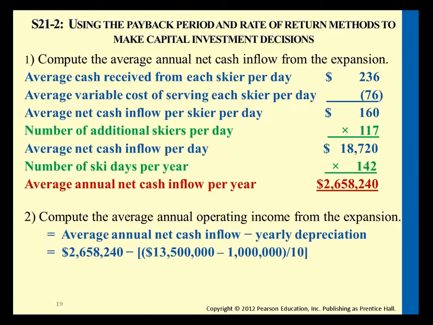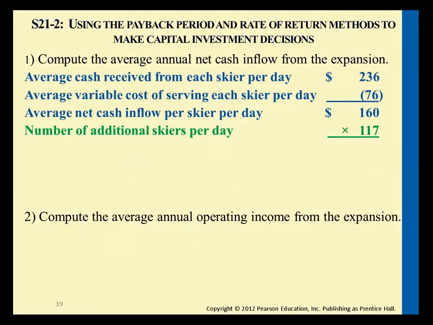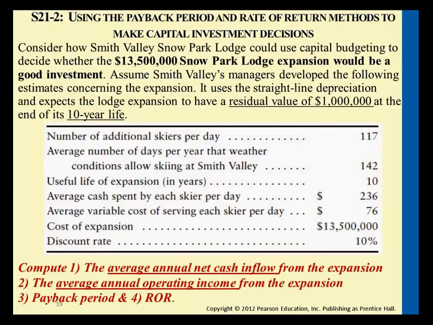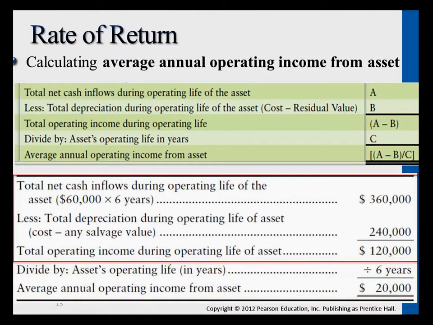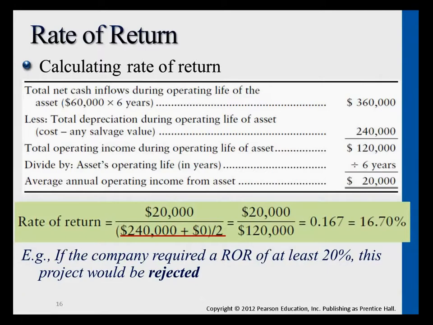Yeah. Go back, multiply. I think I see what's the deal here. You took the cash inflows and took life. But we're calculating here our average annual operating income. Right? So do you see what I'm doing here? Total net cash inflow during operating life of the asset.